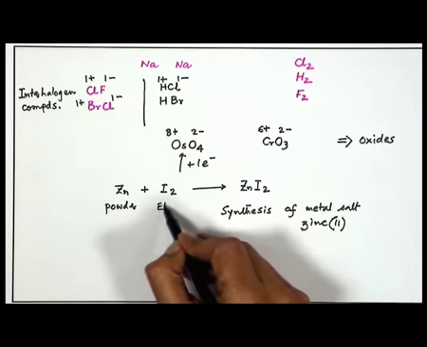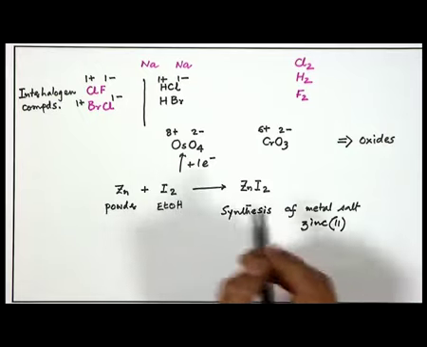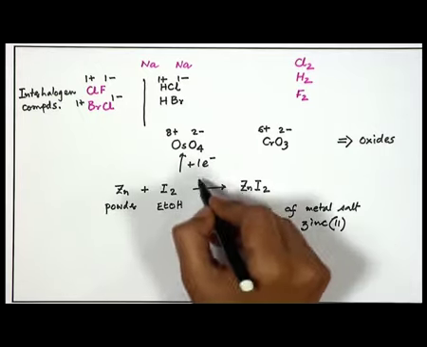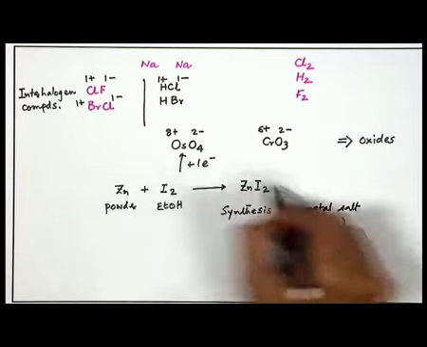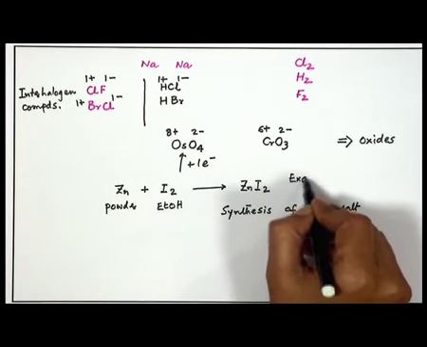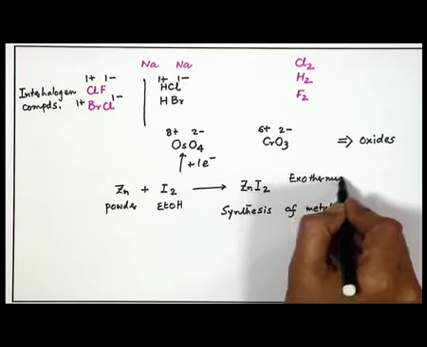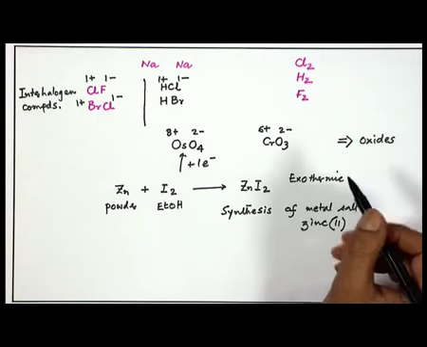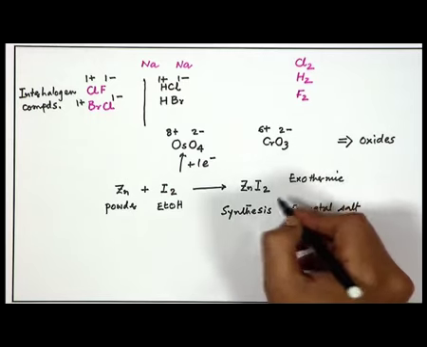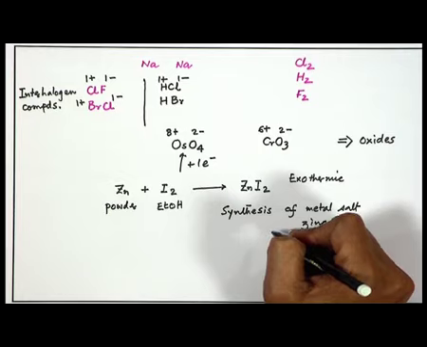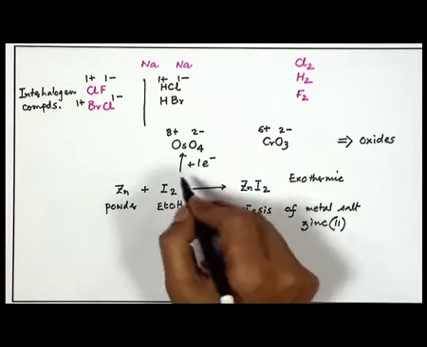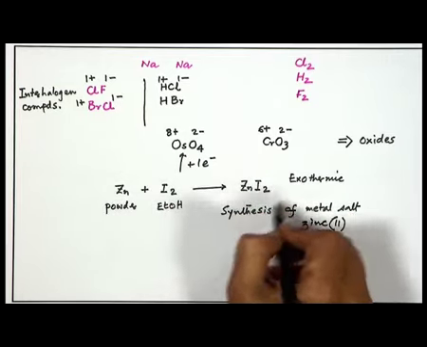in ethanol, because we have to dissolve it, we get an exothermic reaction. So, the reaction is exothermic. Heat is liberated by producing zinc iodide, and since it is in ethanol medium, this will be in solution.